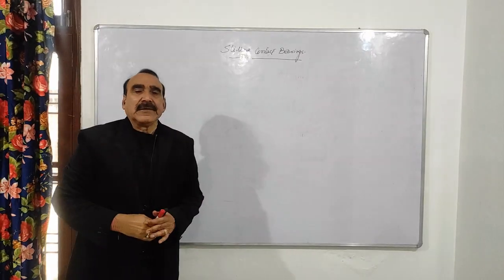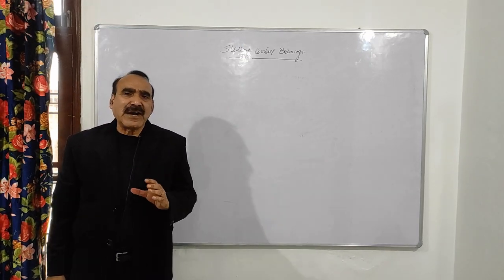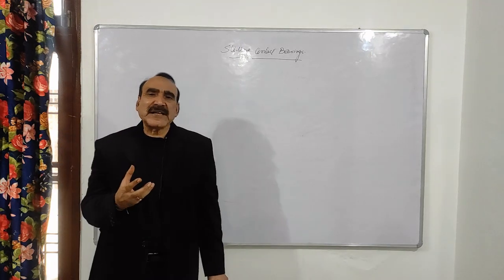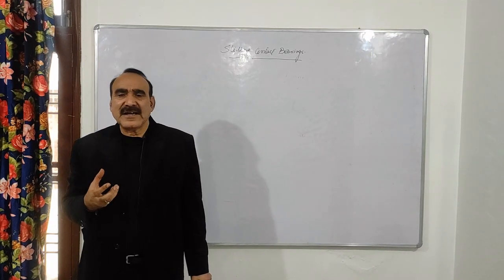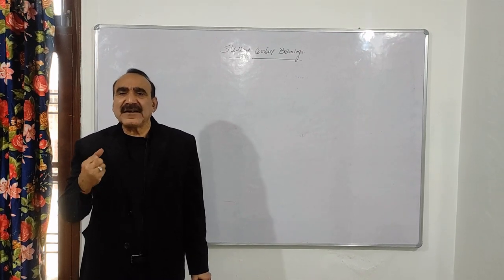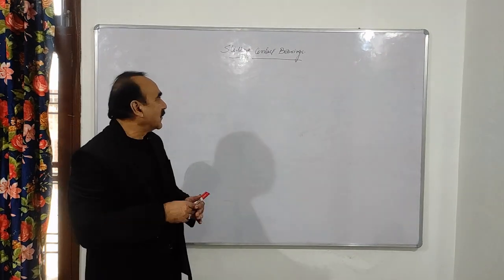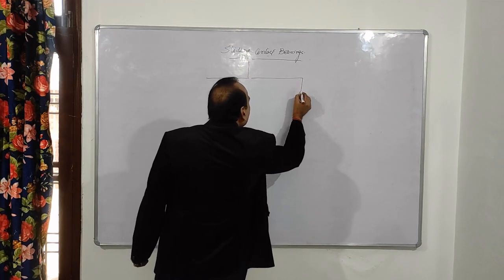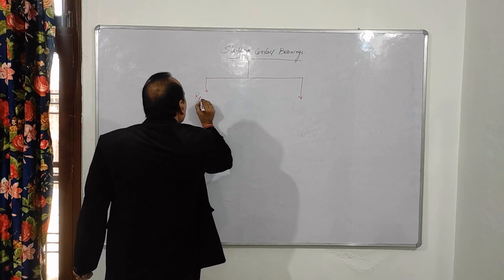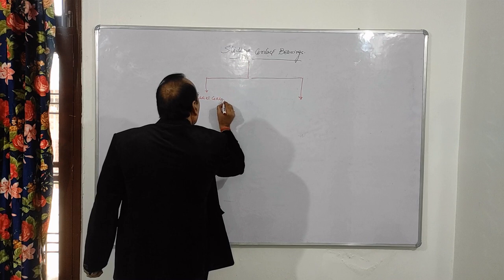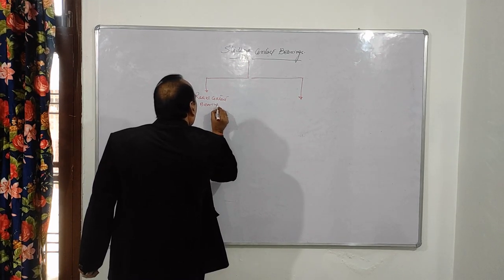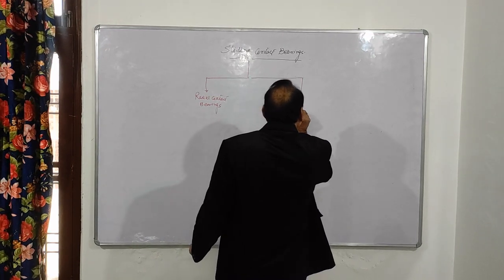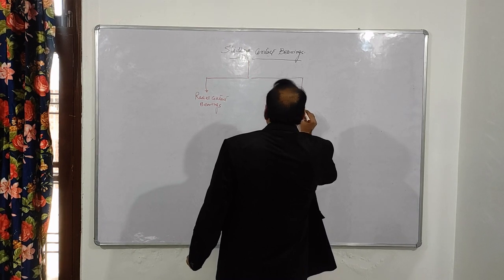So first understand, mainly the sliding contact bearings are divided into two parts. Listen carefully. The sliding contact bearings are mainly divided into two parts: one part is the radial contact bearing, and the second part is the thrust bearing. Sliding contact bearing is divided into radial contact bearing, right, and the second part is thrust bearing, right.